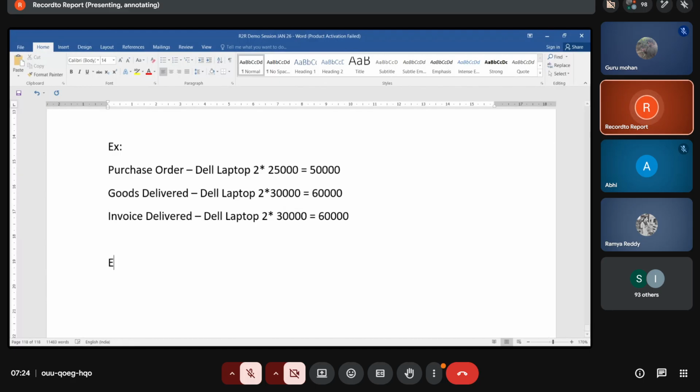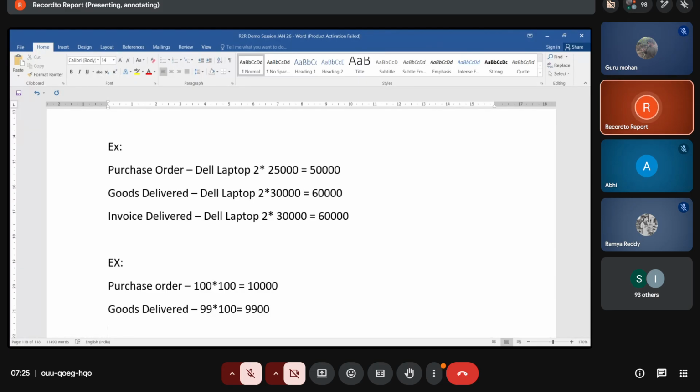So companies will perform this three-way matching. Example, assume in another scenario, a purchase order of 100 quantity into 100 rupees. So here 10,000 rupees. So goods delivered. While delivering the goods, there are no 100 products. While validation at our inventory location, it is showing 99.